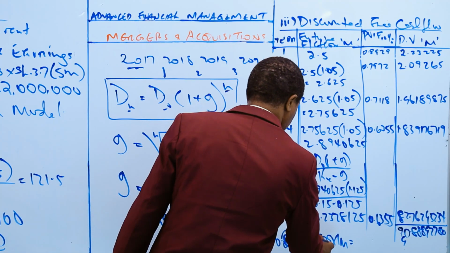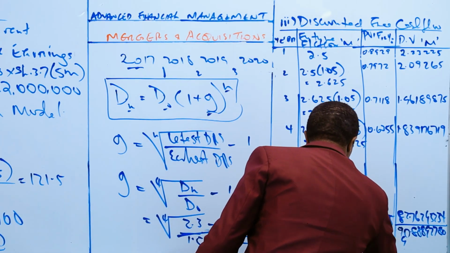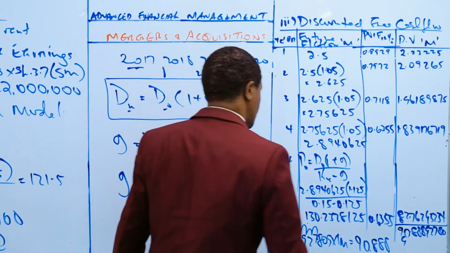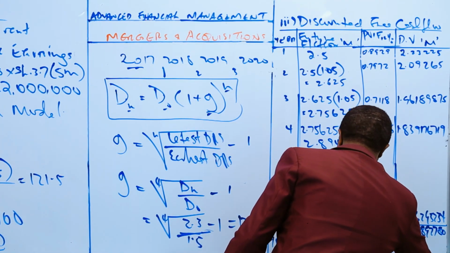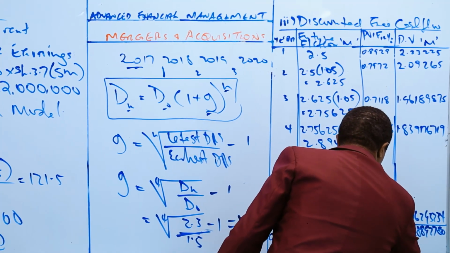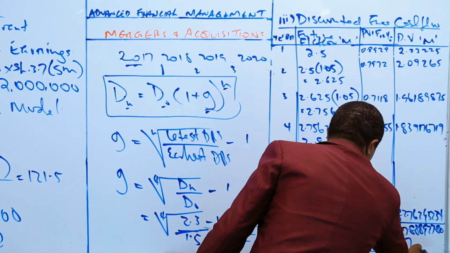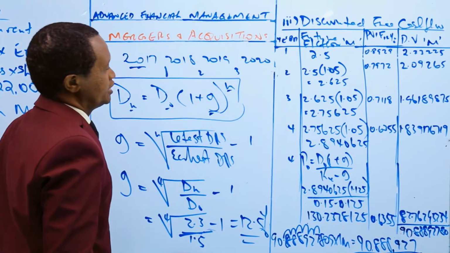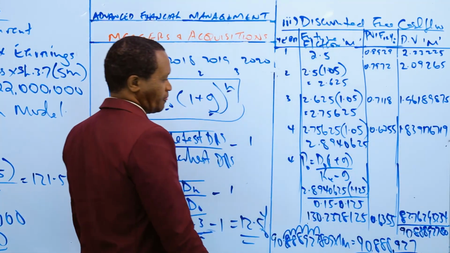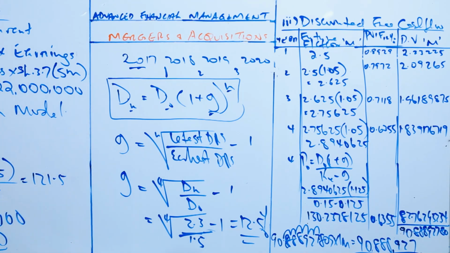So there is a point there. So this will be equal to 90,888,927. So that is the value of this target company when we use the discounted free cash flows method. You understand, candidates?